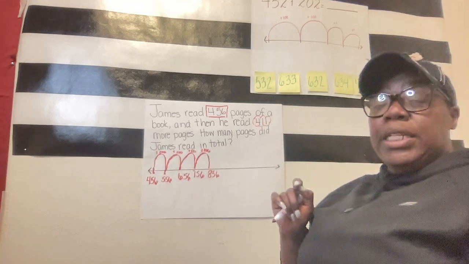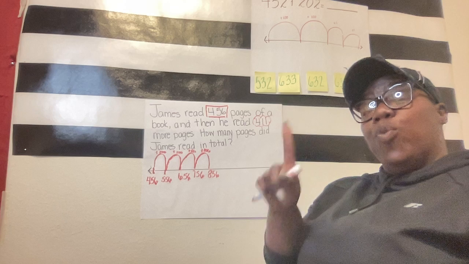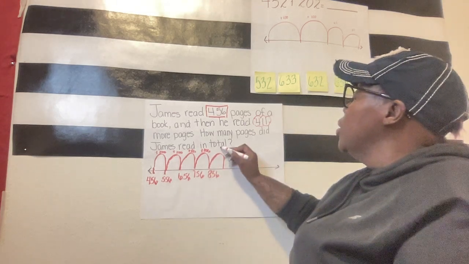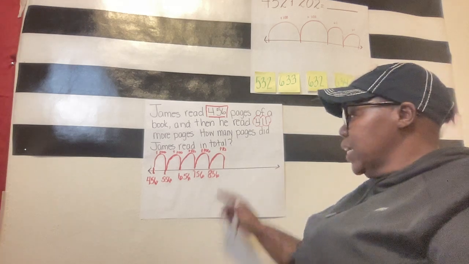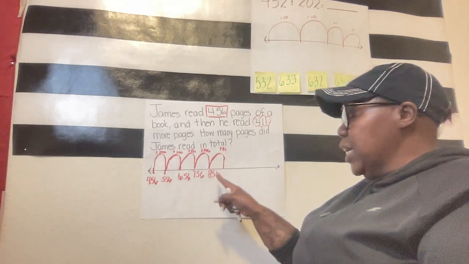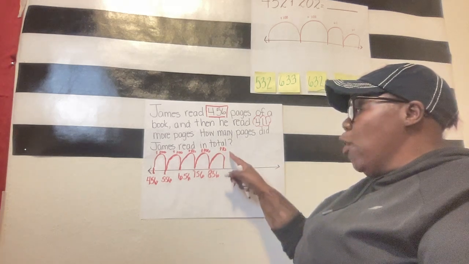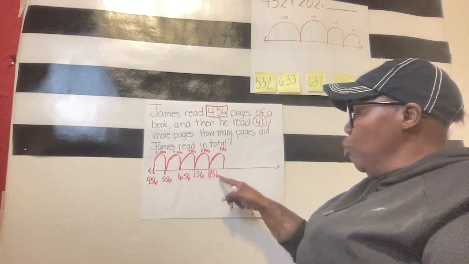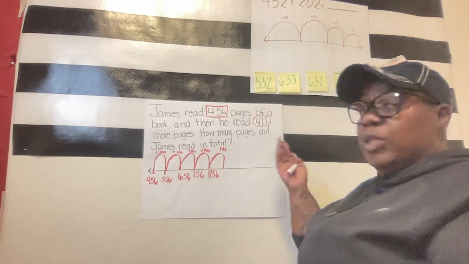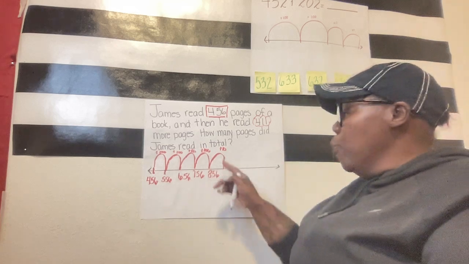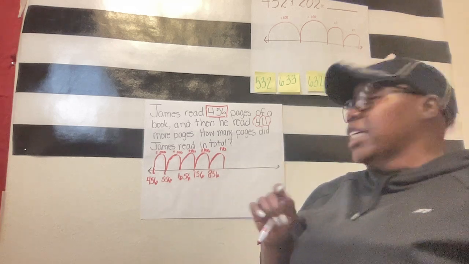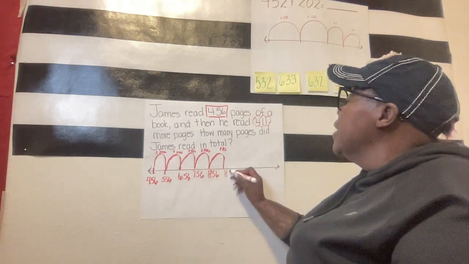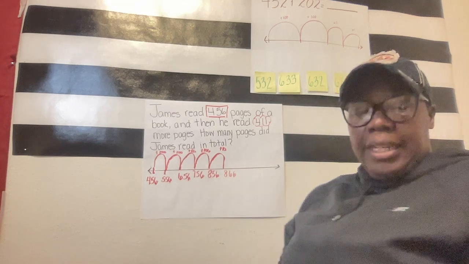Now we have a 1 in the tens place, which means we have 10. So we're going to make a 10 jump. 10 plus 856. Now we're adding to the tens place. So 6 plus 0 is going to give you 6. So the ones are going to stay the same. 1 plus 5 is going to give you 6. So this is now 866.